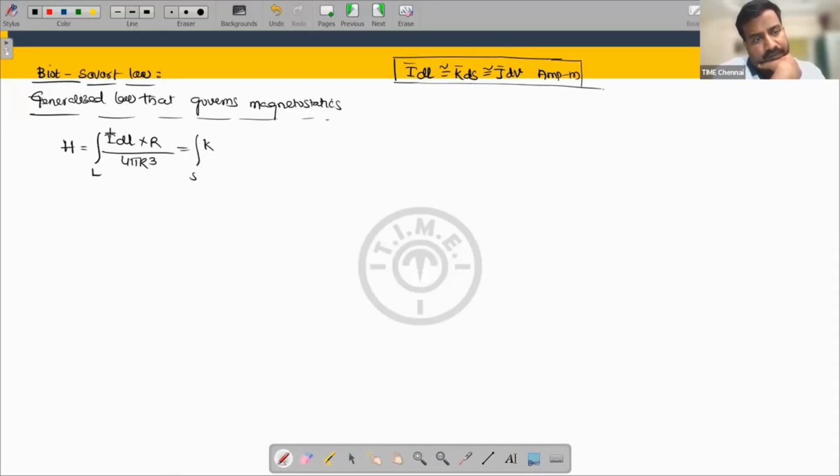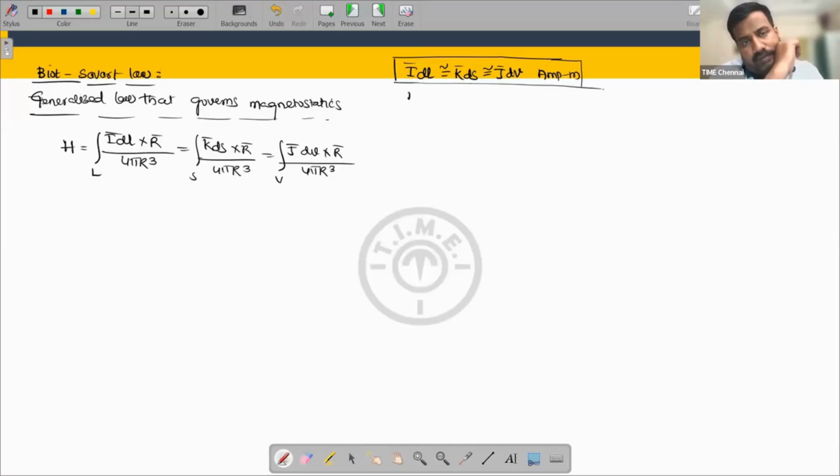Surface integral of KdS cross R by 4 pi R cube. Volume integral of JdV cross R by 4 pi R cube.